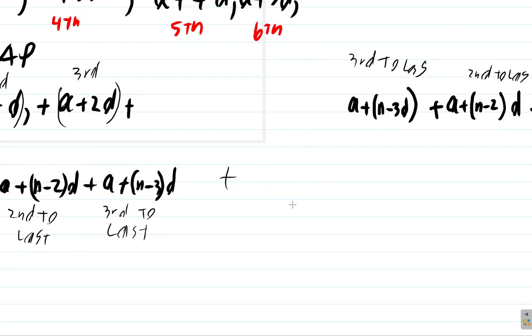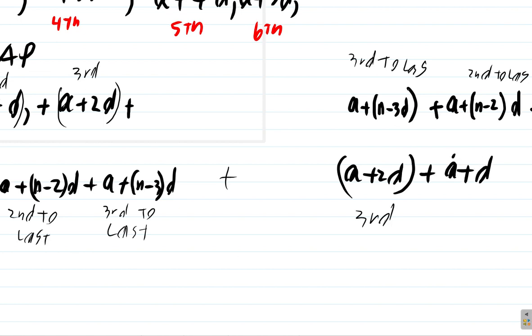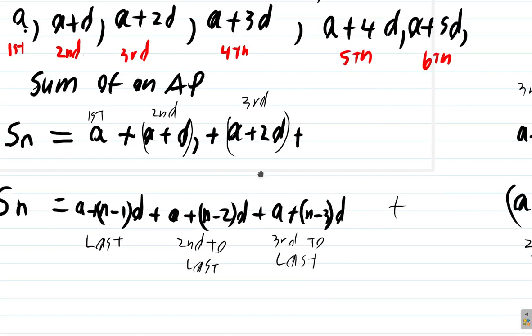Plus. And then, what we have is the third term, A plus 2D. Remember, the third term was this. So, this is the third term. Then, plus A plus D. Which term was A plus D again?